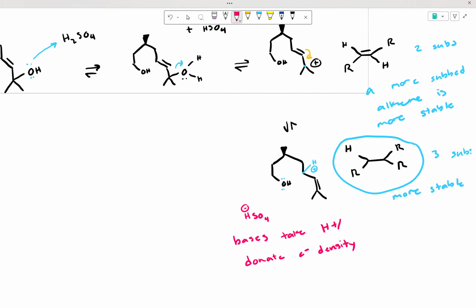Okay. So then we can think about how this molecule looks right now after we took a hydrogen from it. O, H, O, 1, 2, 3, 4, 5, 6 with a net negative charge. What can we do?